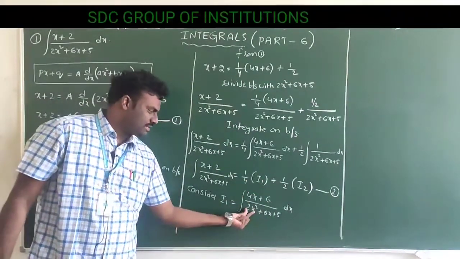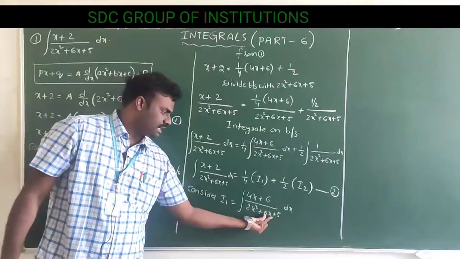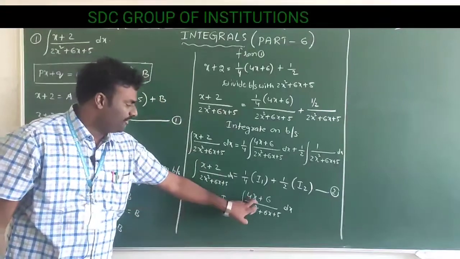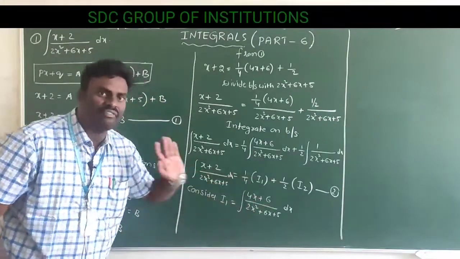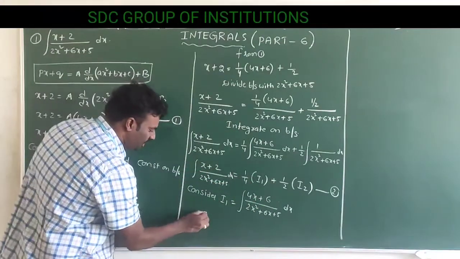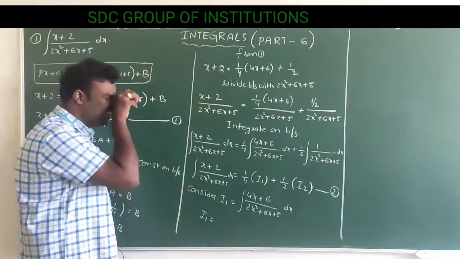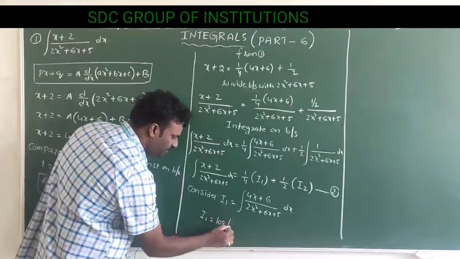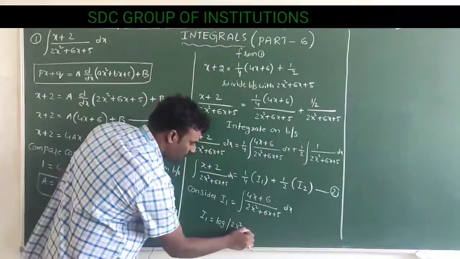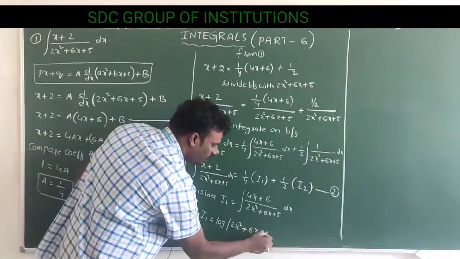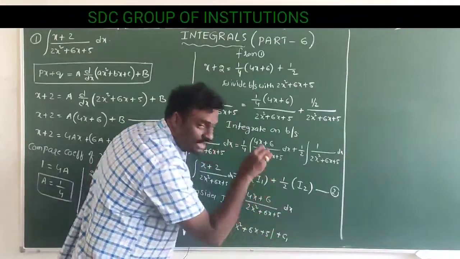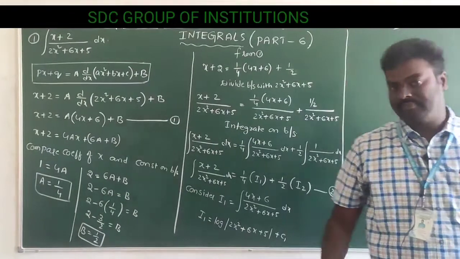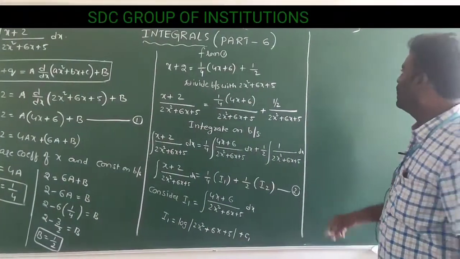Because 2x² derivative 4x, 6x derivative 6, constant derivative 0. It is in the form of f'(x)/f(x). Already we know the integral of f'(x)/f(x) is nothing but log|f(x)|. Here one constant we will get, I am taking the constant as C1. So I1 value over.